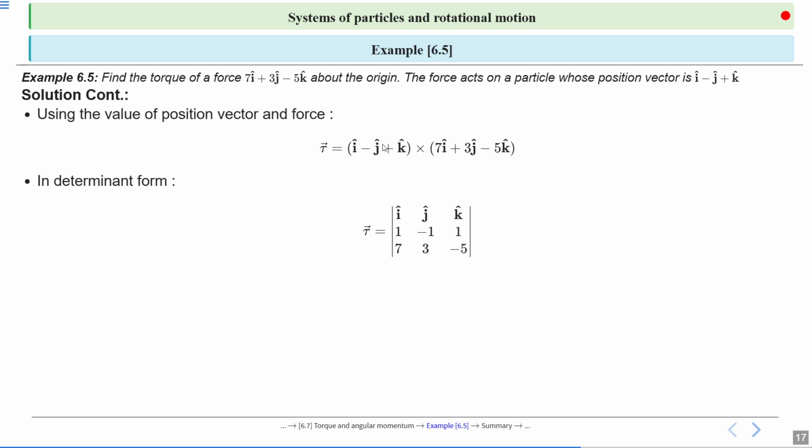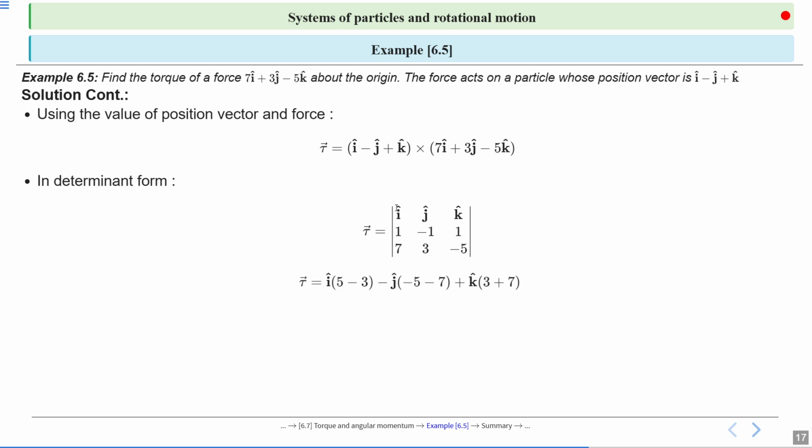The coefficients for the position vector are 1, minus 1 for the j cap, and 1 for the k cap. Similarly for the force, 7i cap plus 3j cap minus 5k cap: for i cap it is 7, for j cap 3, and for k cap minus 5. Alright. So this is the determinant form. Now we will take the cross product.